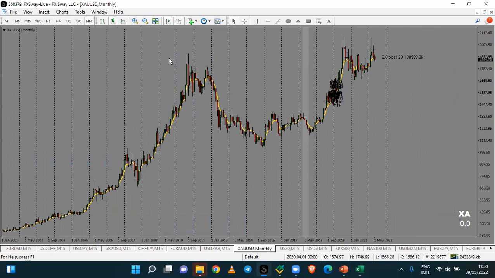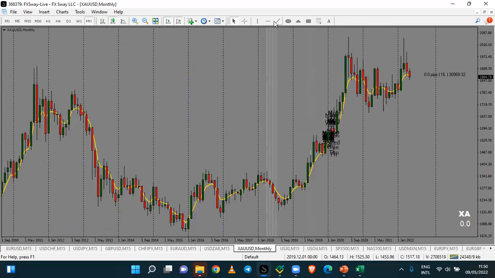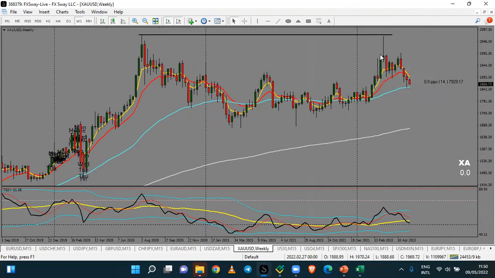This is a safe haven for them. But here, it has set a very good area of resistance. This is a superb area of resistance. And on the weekly, we had equal highs even at this point, and we are still having a downtrend.